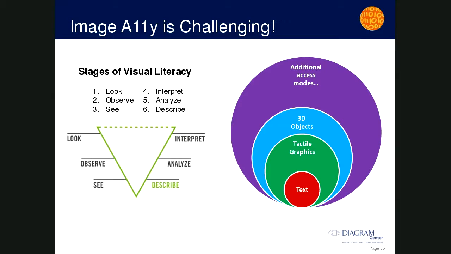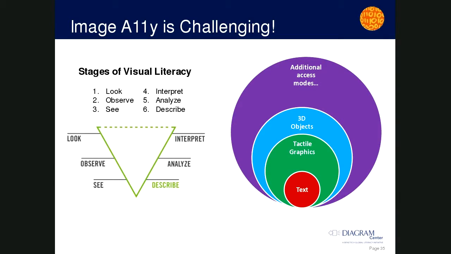The stages of visual literacy start with looking, observing, seeing, and then progress on to interpreting, analyzing, and describing. So if you have found that describing images is really difficult, this is particularly why. It is probably one of the final stages in their visual literacy program that progresses through how you would go about understanding images and diagrams, and this applies to educational content as well.